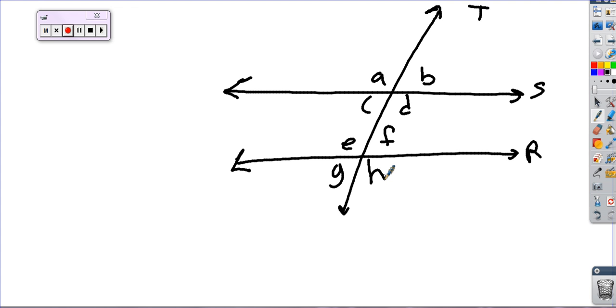All right, what are the two alternate interior angles on this shape?